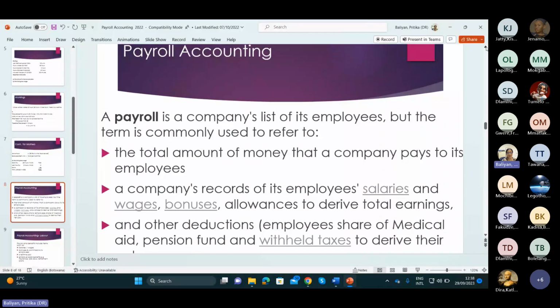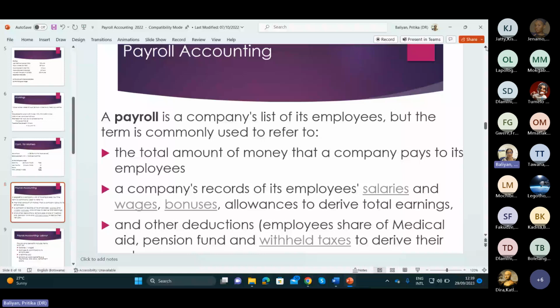A payroll is the company's list of its employees, but the term is not commonly used to refer to the total amount of money that a company pays to its employees. Actually, the meaning of the word payroll is the list which indicates the names of employees, all those who are working in that organization.